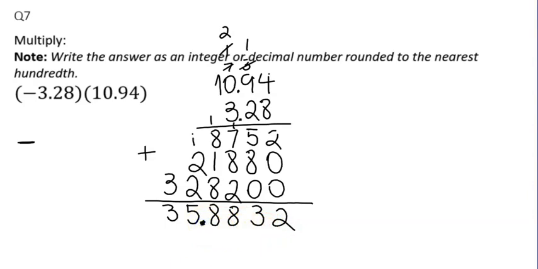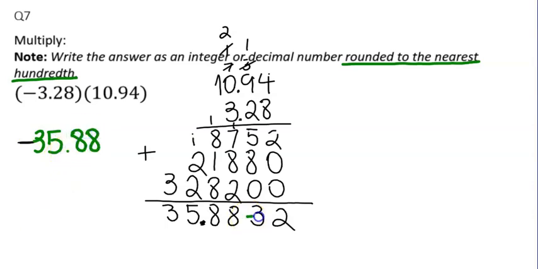Now let's check how they want me to give this answer. Write the answer as an integer or decimal number rounded to the nearest hundredths. What is the answer then? 35.88.